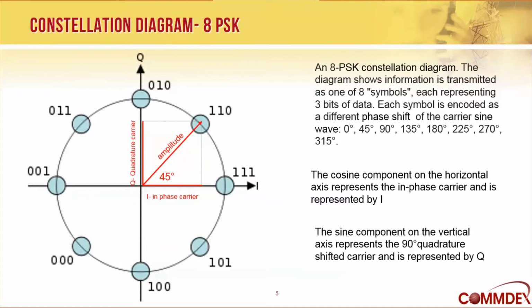So you may hear the terms I and Q as it relates to a digital signal. And what that's referring to is in a phase modulation system, the I is the in-phase component, and the Q is the quadrature or 90-degree component. So we can represent the angle and the amplitude by using a constellation.